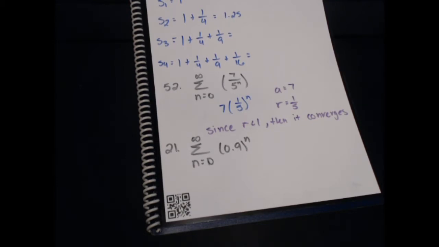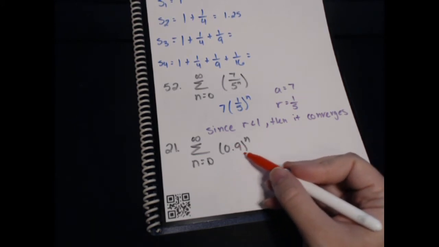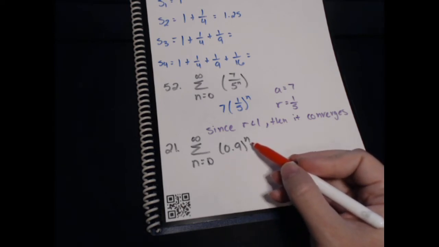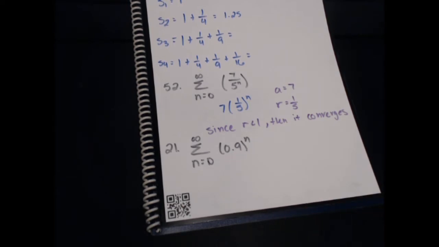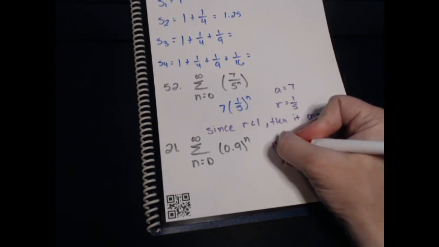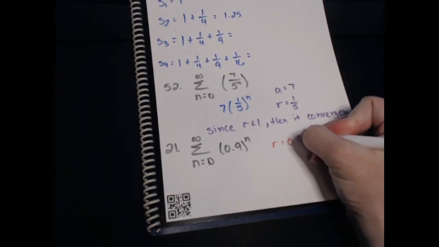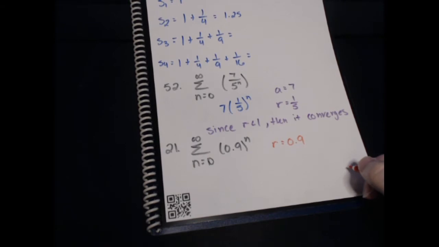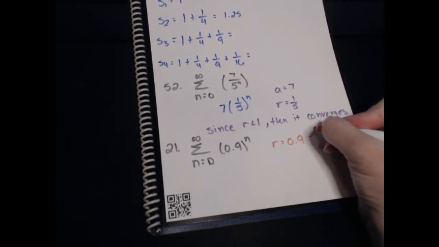What's this? That's an n. But what is this? This is 0.9 to the nth, so that's R. R is equal to 0.9. I just did all that work for no reason. So R is less than 1, so it converges.